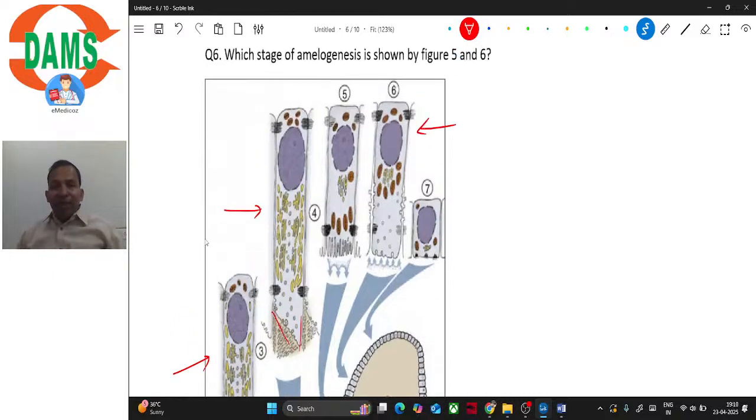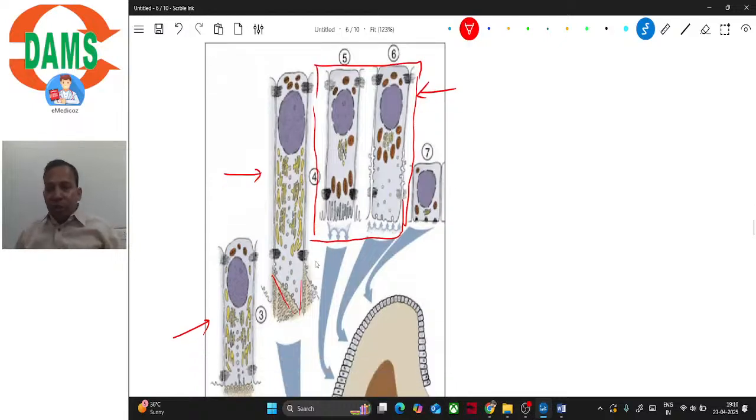After secretory phase, it goes into the maturation phase, and in the maturation phase, it will show two cell morphologies, a smooth ended and a ruffled ended. So 5 and 6 represent those smooth and ruffled ended ameloblasts. So basically, it represents the stage of maturation, isn't it?